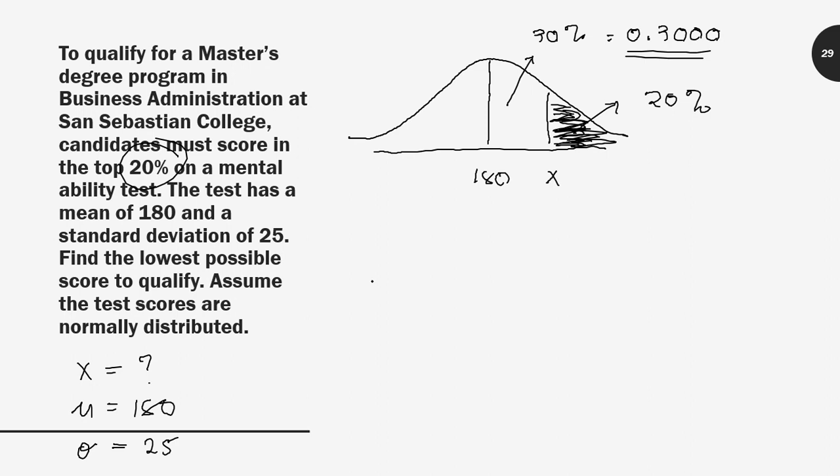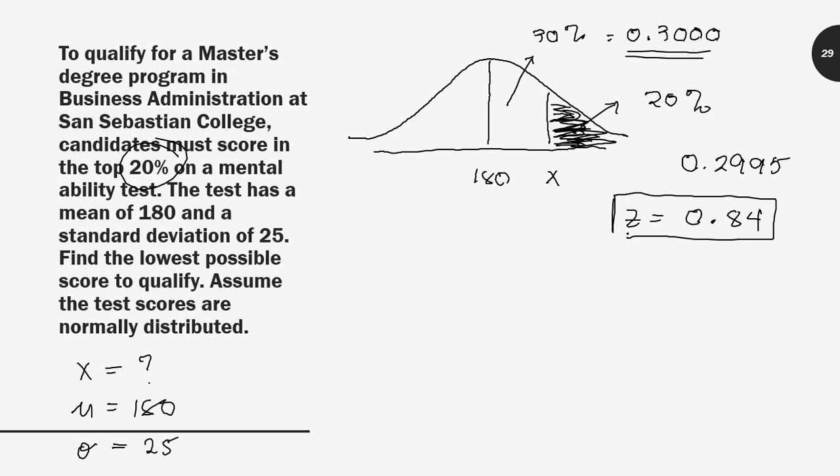Based po dun sa table natin, ang pinakamalapit na po is yung 0.2995. So pagtatapatin nyo lang yan mga anak, para po mahanap natin yung value po ni Z. And that is 0.84. So yan po yung gagamitin natin na value po ni Z.